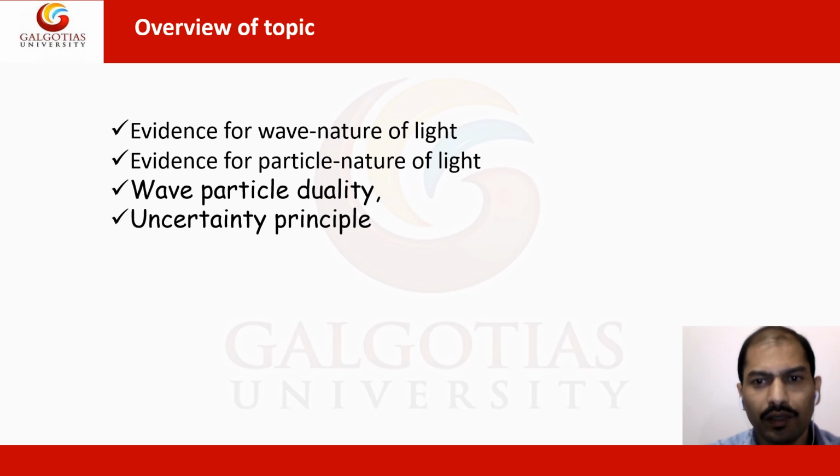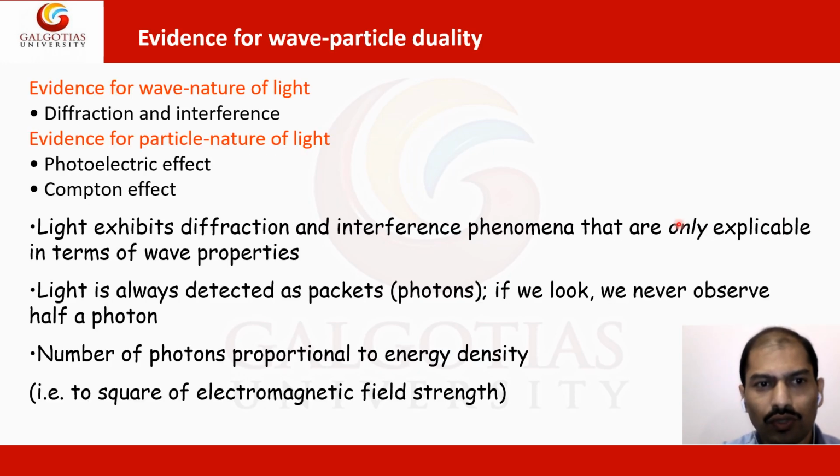Before going to the evidence for the wave nature of light, there are different experiments like diffraction and interference. And when we talk about the evidence for the particle nature of light, the examples are the photoelectric effect and the Compton effect.